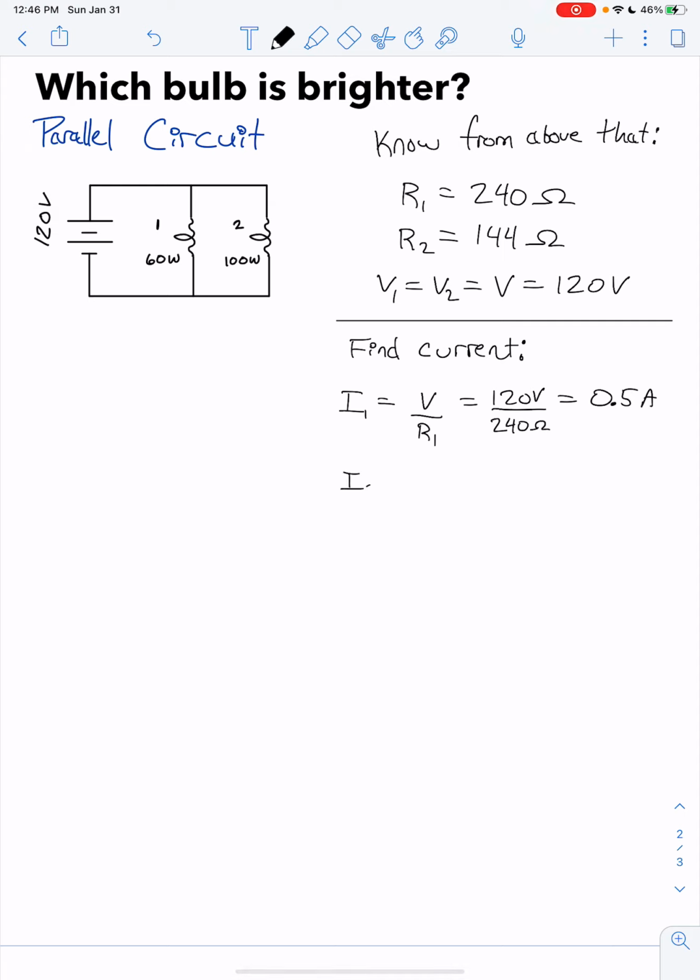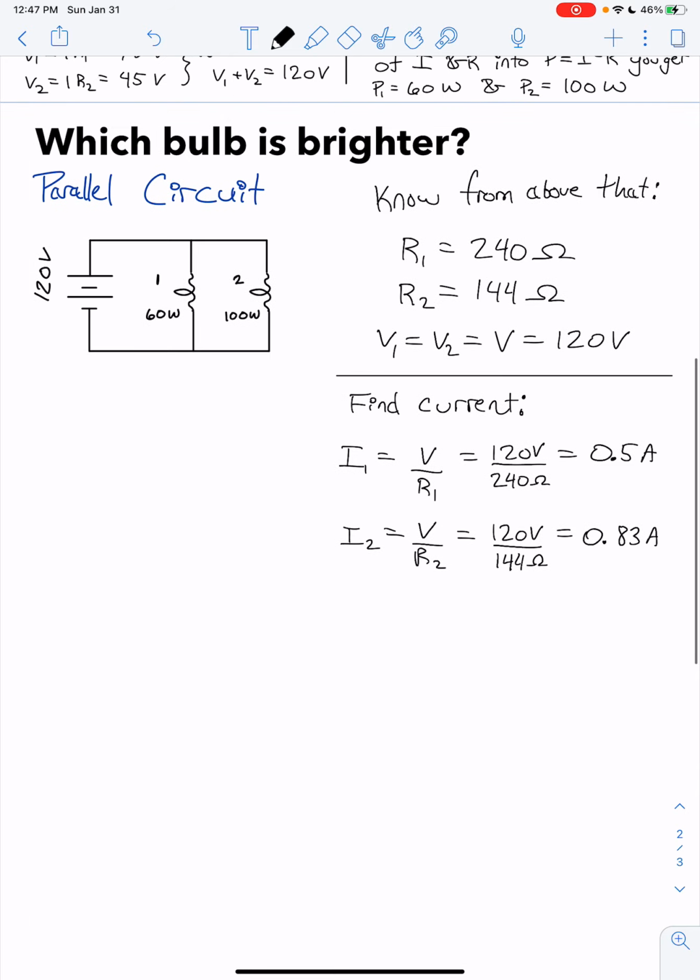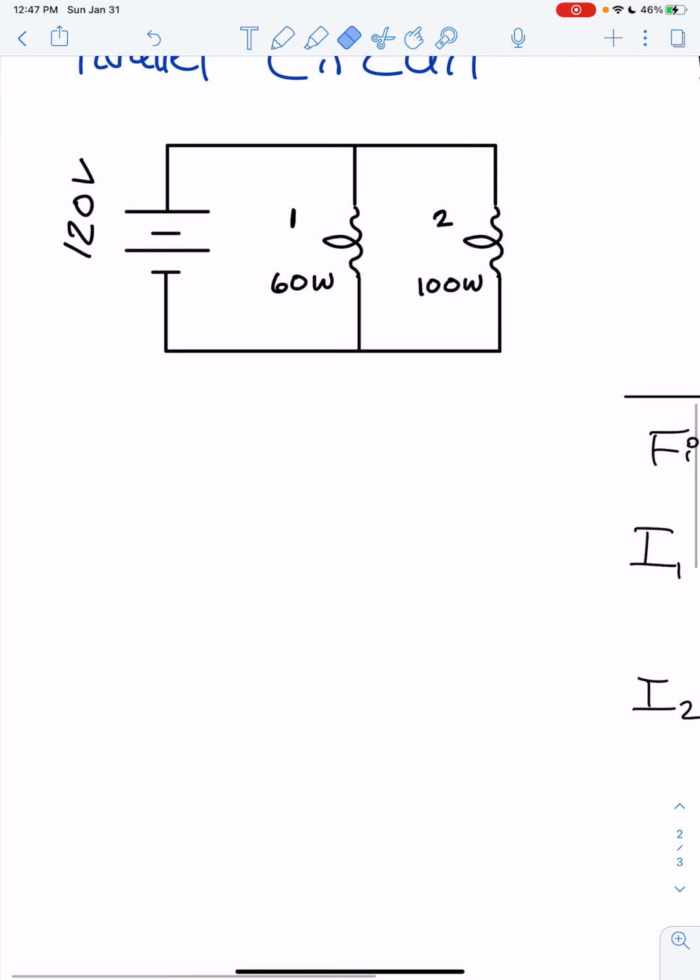And I2 is going to be V over R2, so 120 volts over 144 ohms equal to 0.83 amps.